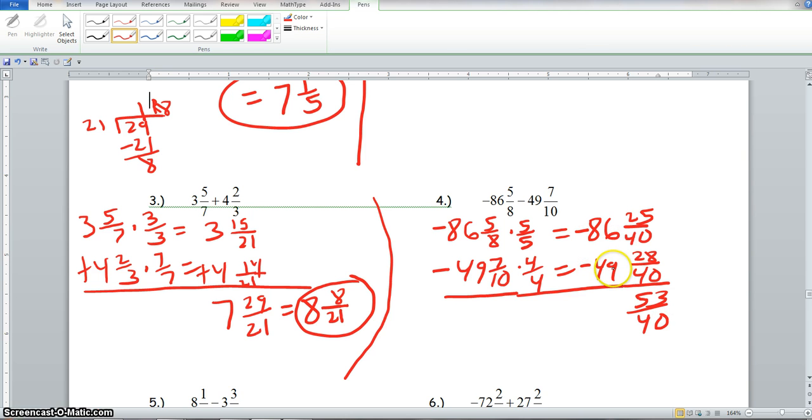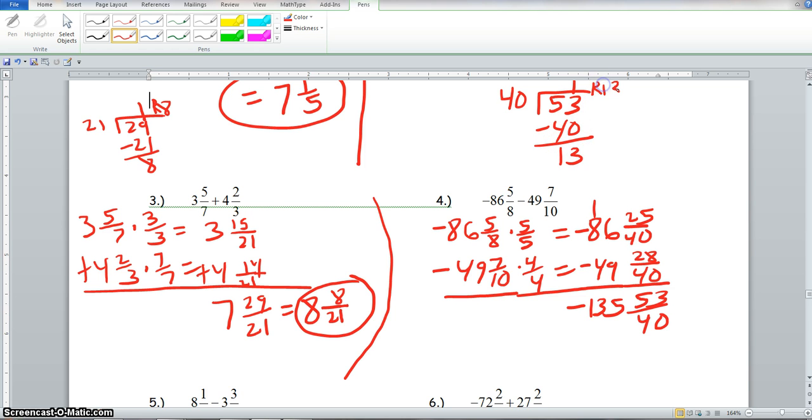And negative 86 and negative 49 will give us a negative, 5, carry a 1, negative 135, 53 over 40. Now we know we cannot leave this as 53 over 40. So we could go up here where we have more room, take 40 into 53. 40 goes into 53 once. 53 minus 40 is 13.